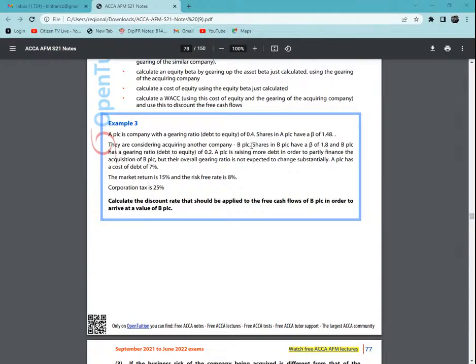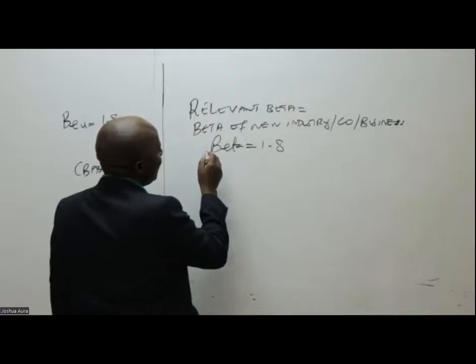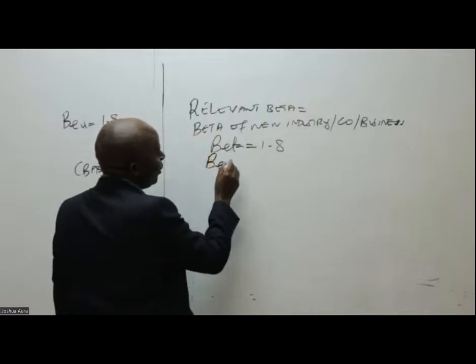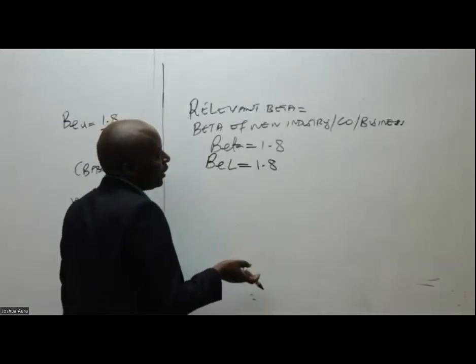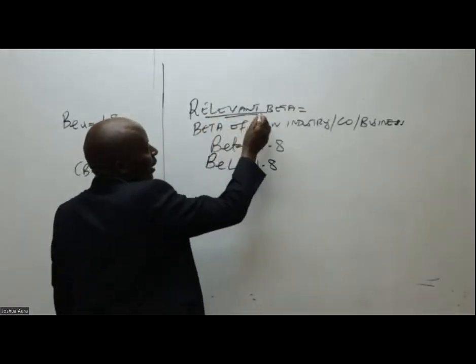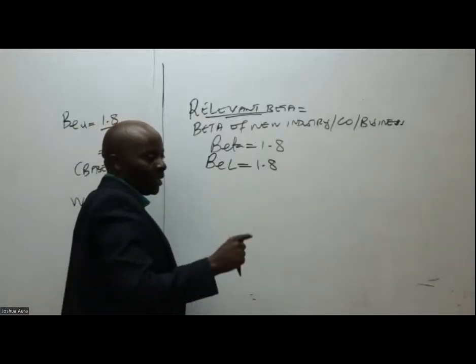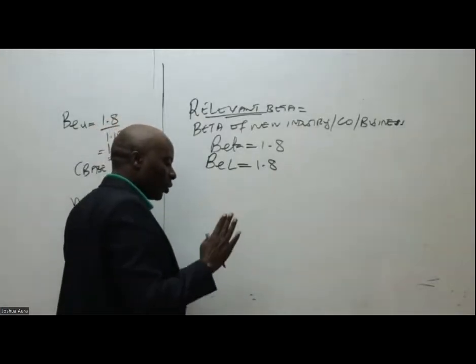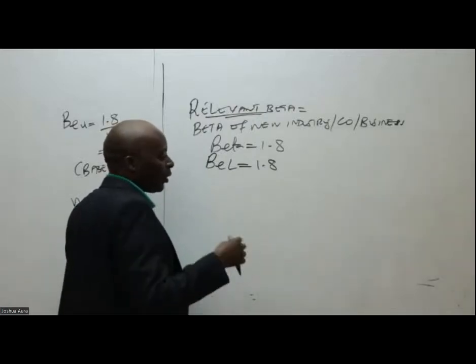And if it's a levered firm, ladies and gentlemen, then what I'll need to conclude here is that this beta is beta equity of a levered firm, which is 1.8. The concept is very easy: this relevant beta has to be ungeared. So that now, when this firm goes to this new industry, they'll decide later on to bring in debt and what percent.